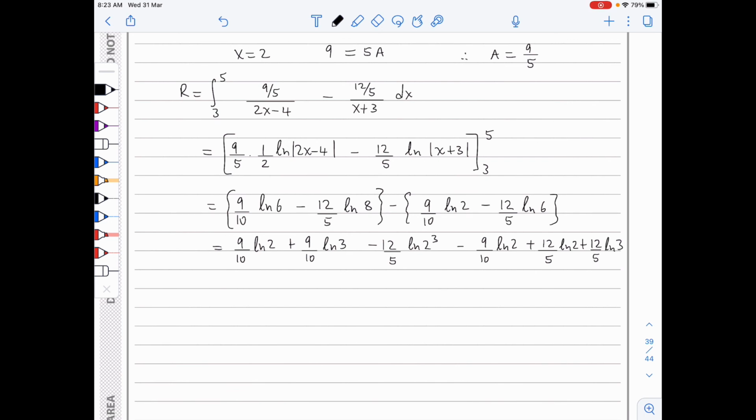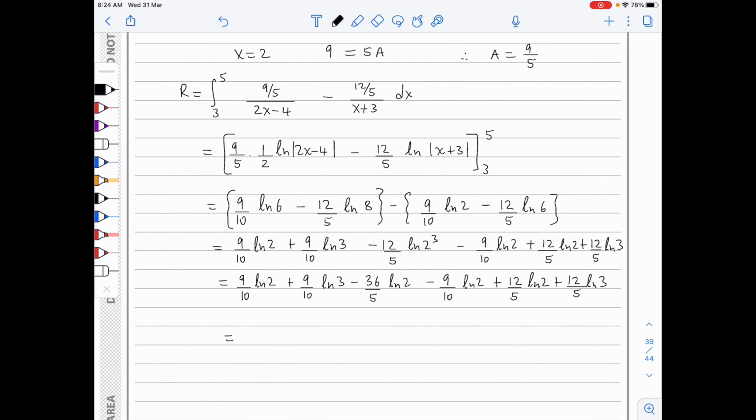Now, at least we are almost entirely in terms of ln 2 and ln 3. So this is 9 over 10 ln 2 plus 9 over 10 ln 3, minus 36 over 5 ln 2, the power coming down, minus 9 over 10 ln 2 plus 12 over 5 ln 2 plus 12 over 5 ln 3.